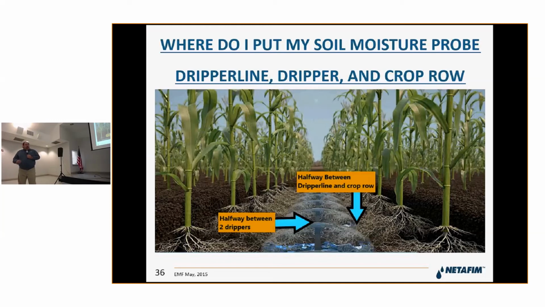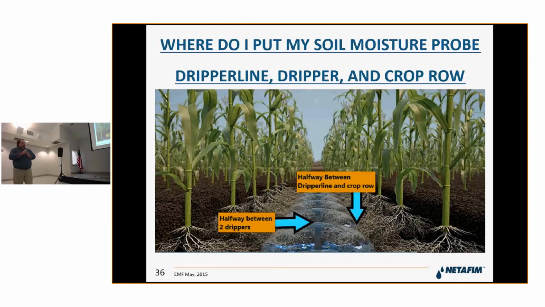If you have a scenario where you've got a dripper line in every other row, you kind of know where to put it. But if you have your dripper lines at 40 inches and my crop is at 30, I might have a dripper line here and one over here, where do I put it then? Same kind of equation.